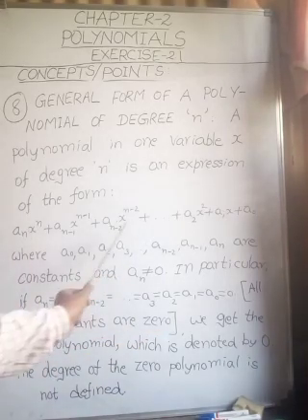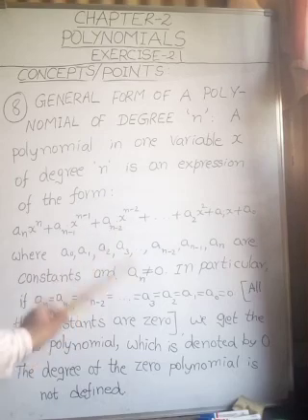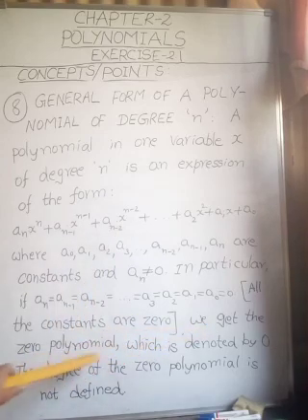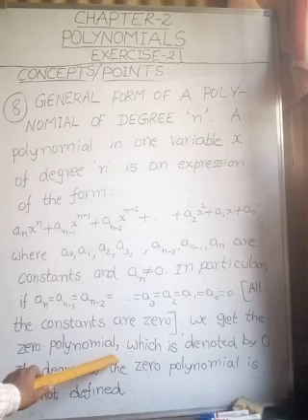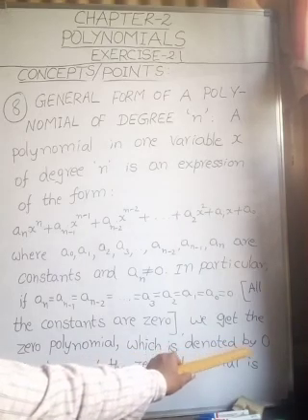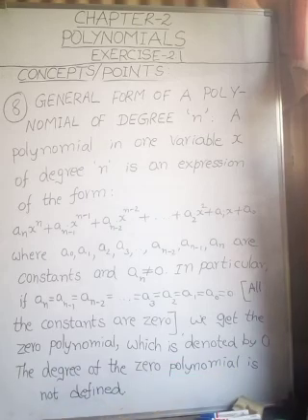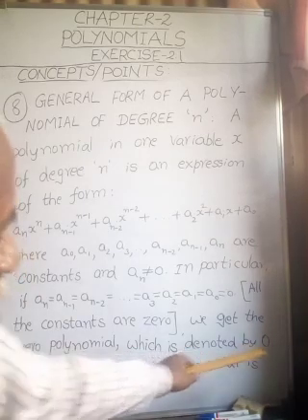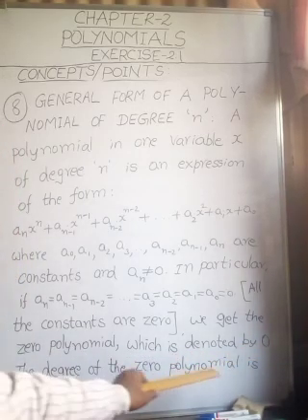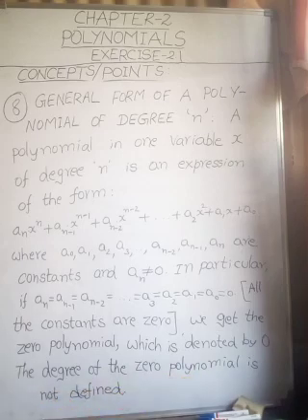If all the coefficients are 0, then what do we get? The 0 polynomial, which is denoted by 0. The degree of the 0 polynomial is not defined. Previously we have discussed this point, my dear children. Remember. Is it clear, my dear children? Right.